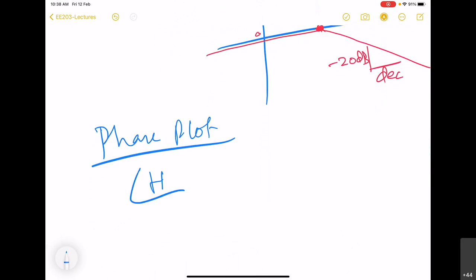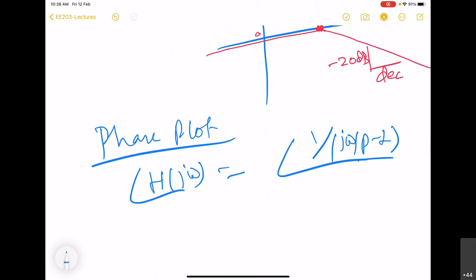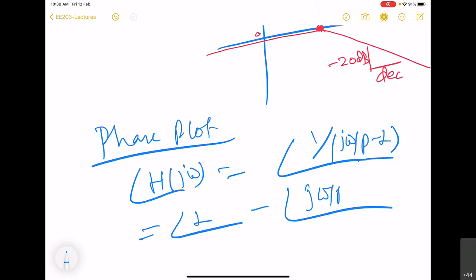So for phase, we take the phase of this one. This is the phase of 1 by (j omega by p minus 1). So we now have both numerator and denominator terms, right? So the phase will be equal to the phase of the numerator, which is 1, minus the phase of the denominator, which is j omega by p minus 1.